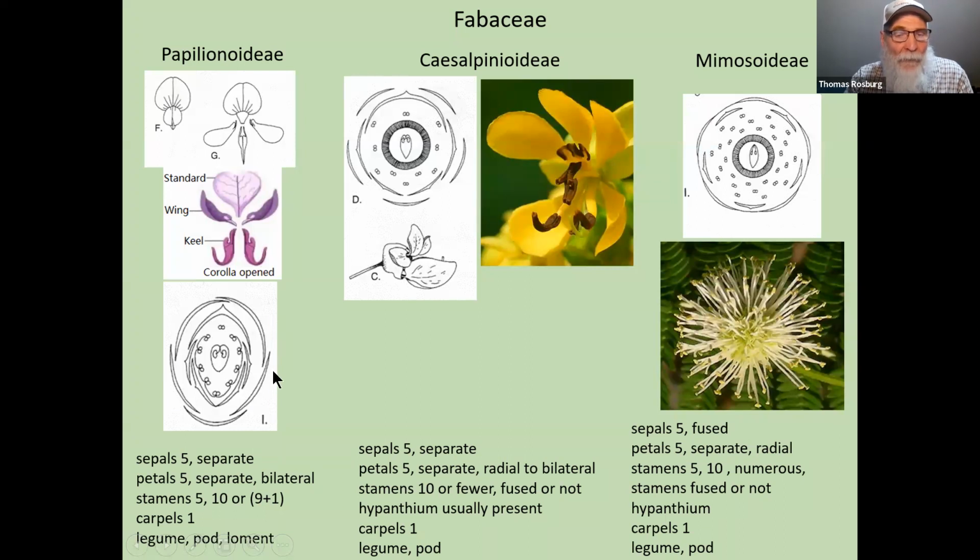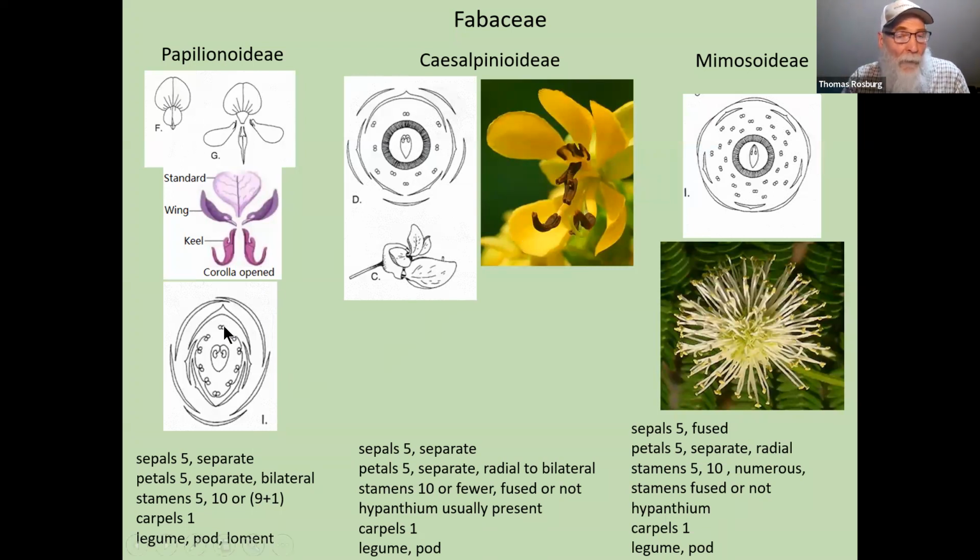I showed you these last week. The outer bracts are these things out here, then the petals are these things in here. Same thing here: these are the sepals, these are the petals. All these small little eights are stamens. And then this thing in the center is the symbol for a single carpel, which can also be described as a simple pistil.